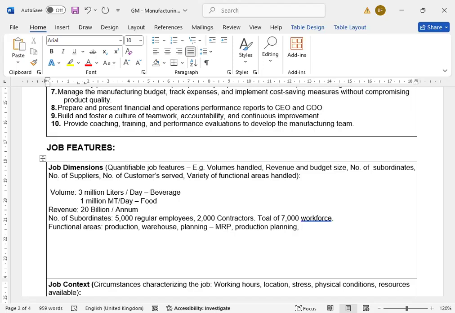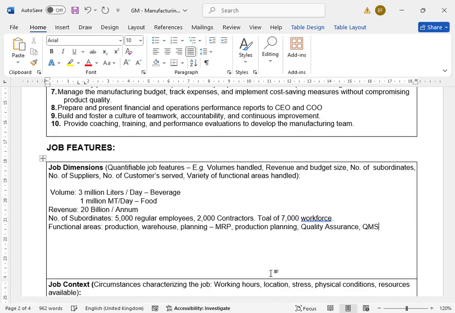The score or the size in terms of technical know-how will always go up. Production planning, or maybe quality assurance. Quality assurance is also under him. These are the functions he is handling. Or maybe QMS.